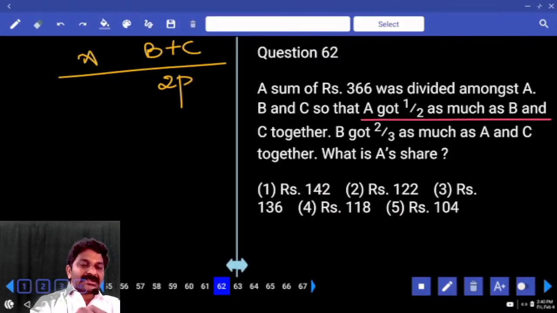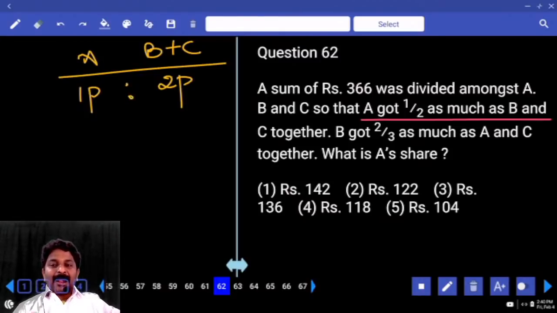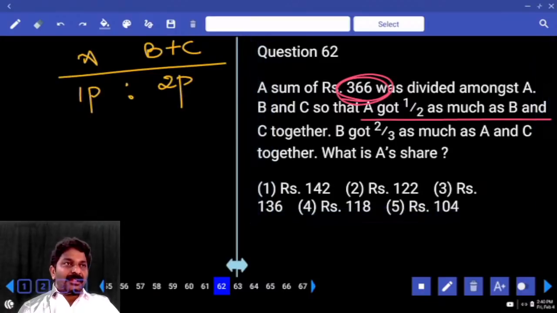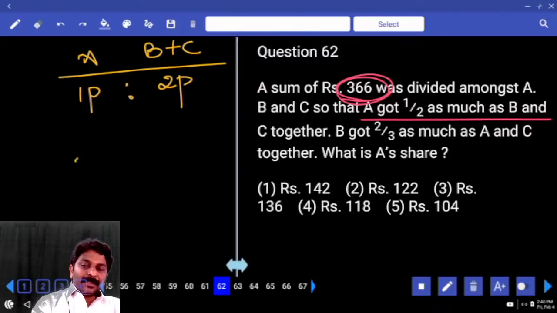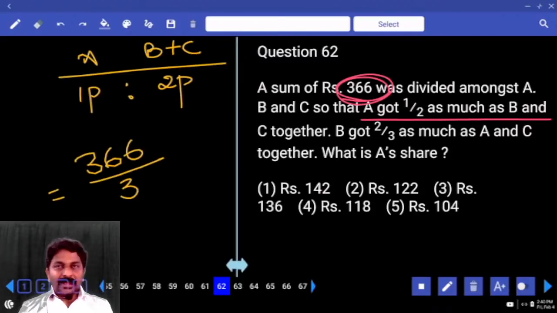What is half of 2 parts? Come on. A, B, C, all 3 members together receive 3 parts, and we were asked to calculate A's share, that is 1 part only. 366 divided by 3, come on, answer: 122.